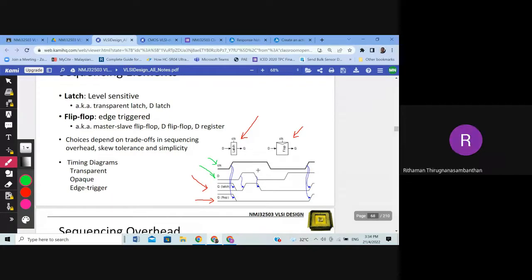Okay, there is an answer in the chat box. Okay, thank you. The flip-flop block diagram has a clock. Okay, correct. Riz Mukri mentioned that flip-flop is edge triggered, latch is level triggered, yes.